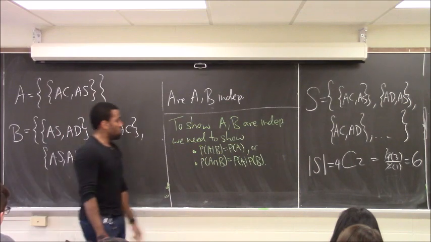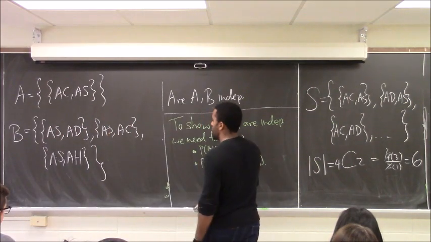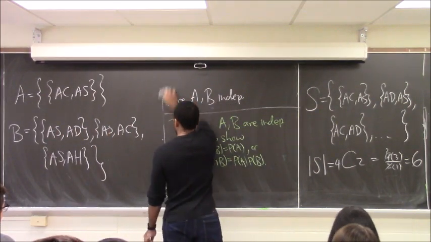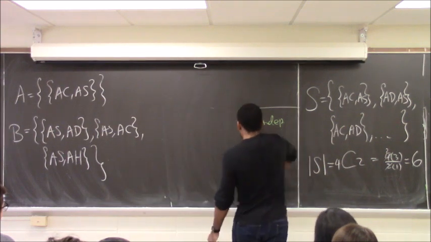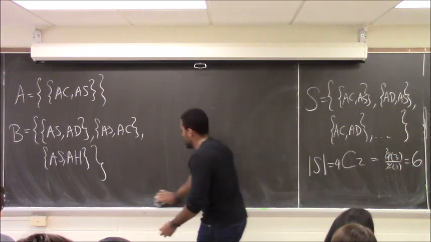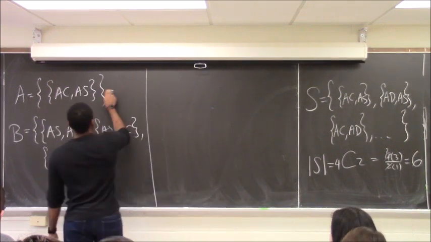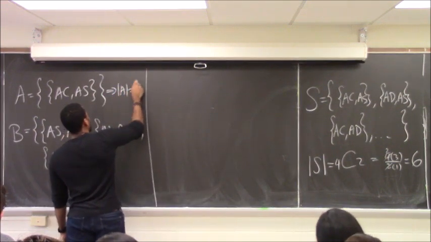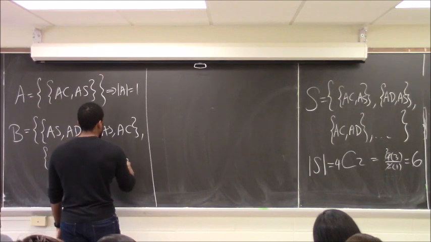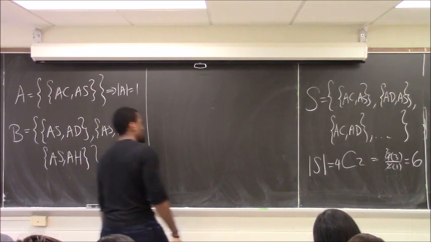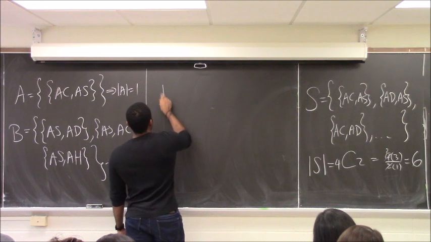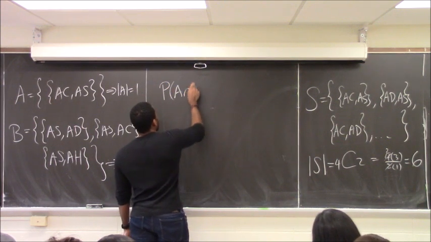So now let's look at what we want. Given that that's my sample space and that's the size, you can also notice the size of A is 1. Here the size of B is 3. So, what is the probability of A and B?